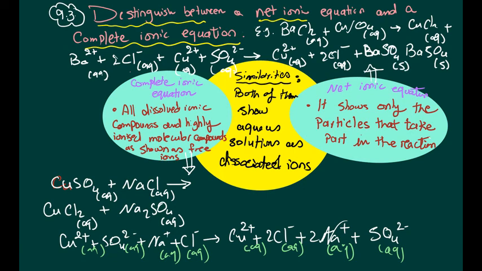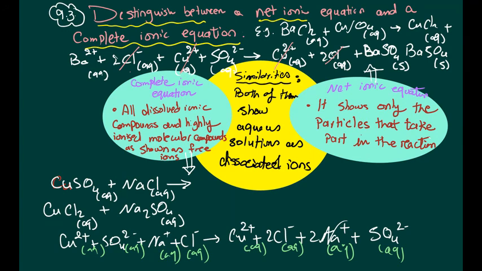The last step you do is to cancel out spectator ions, the ions that are not changed during the reaction, like chloride ions, they are repeated without any change. Copper ions, okay, are also cancelled out.